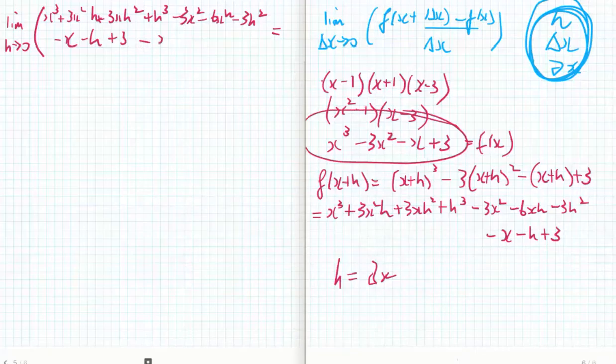So that gives me minus x cubed plus 3x squared plus x minus 3, all over h.